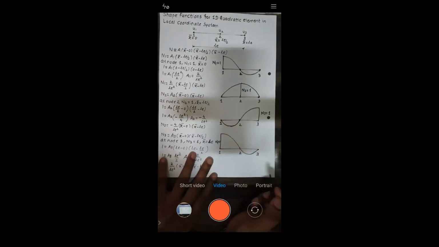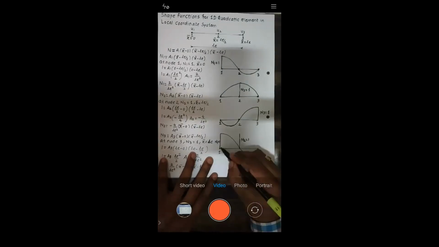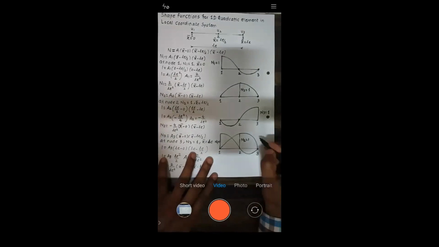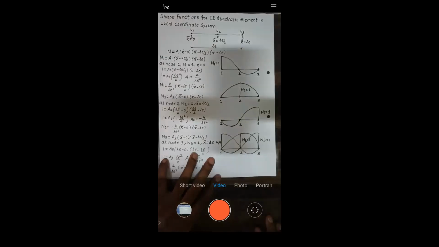Similarly, here N2 is equal to 1, so we have a graph somewhat like this. Here we have N3 is equal to 1, so we have a graph somewhat like this. Is it okay? Let me know. Yes, sir.